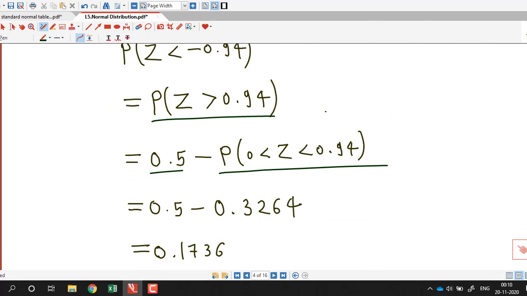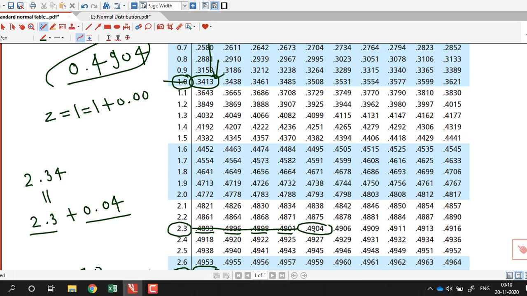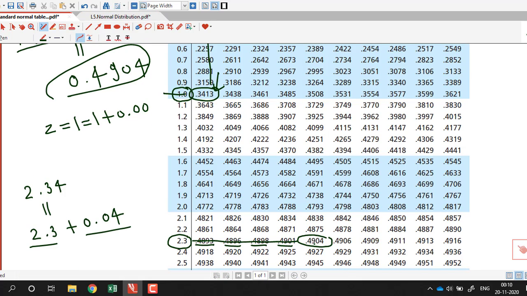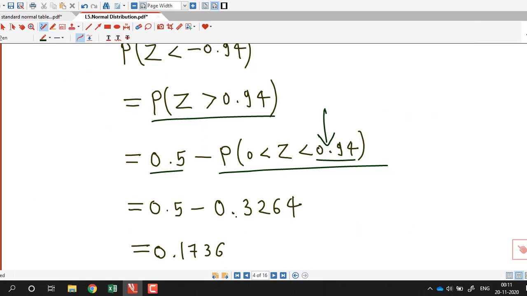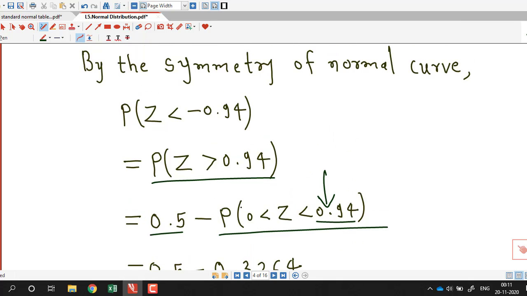And we have this type of areas in the table. So we search for 0.94 in the normal probability table. 0.94 means I have to concentrate on 0.9 and then go up to 0.04. So this is for 0, this is for 0.01, 0.02, 0.03 and 0.04, that is 0.3264, which I substitute here, and the difference is 0.1736.